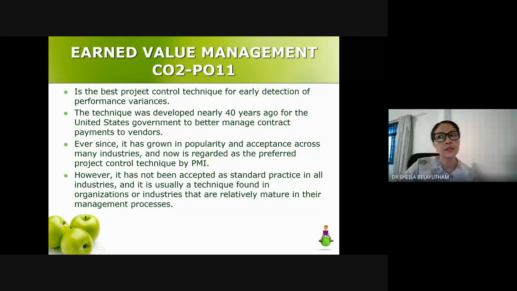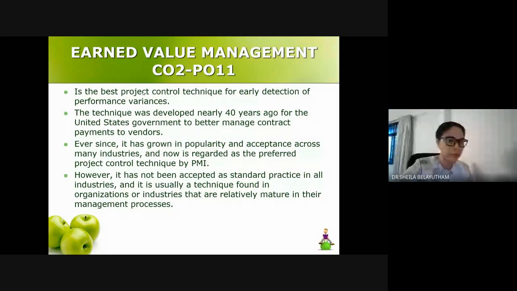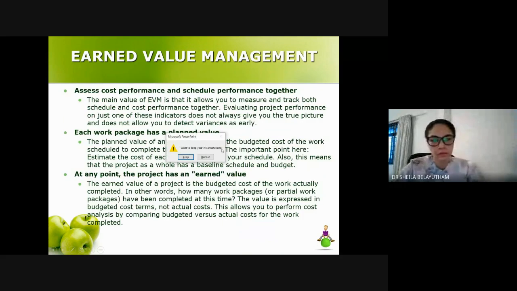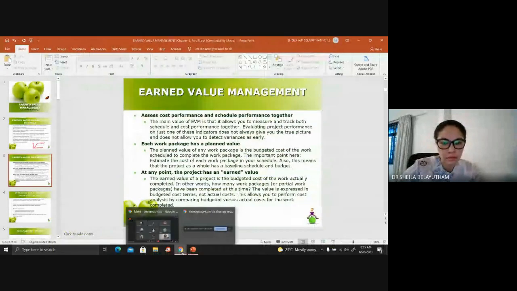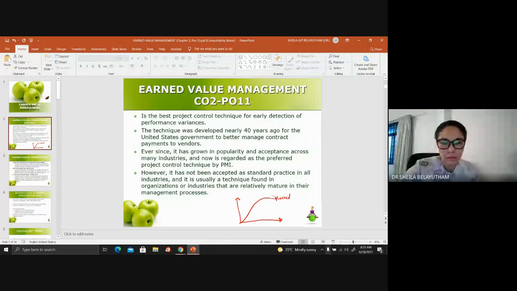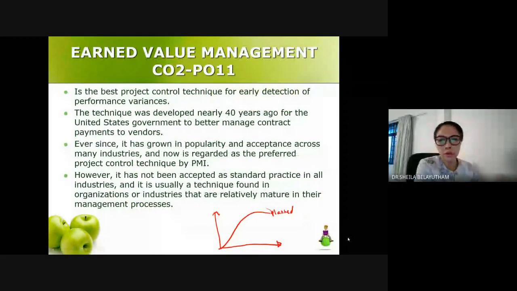As most of the time, if you look into the common S-curve, it is commonly shown on the side, for example, this would be the plan. Okay, so we have the plan and we have the actual.